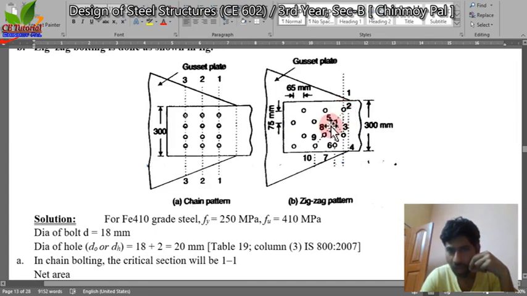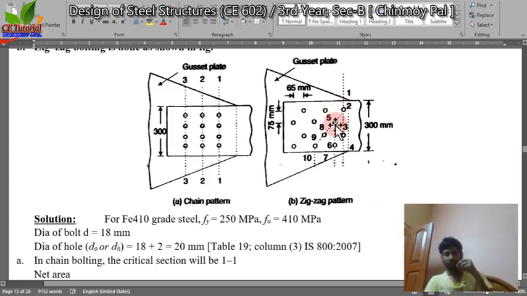So the hypotenuse is always greater than the opposite. That means when you are considering the hypotenuse, the length will already be increased. That means the effective net area will also increase. So our effective net area will be the minimum one from these.